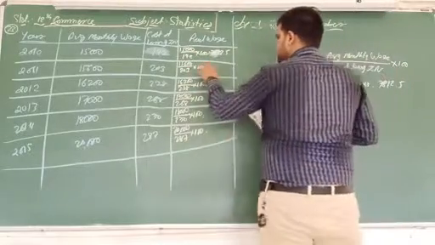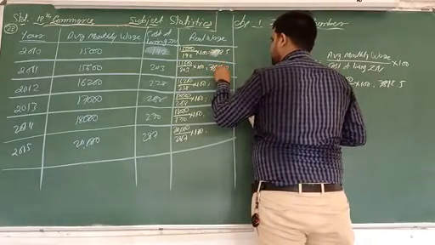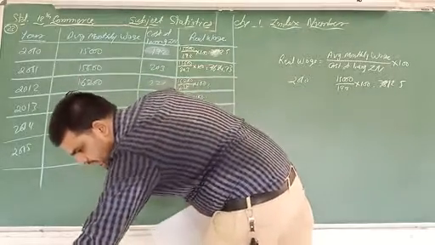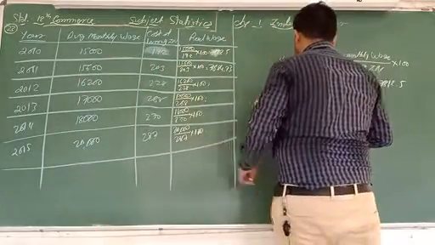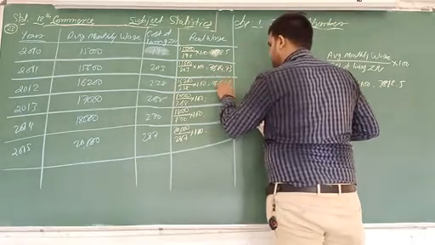Here 7684.73. Okay. Same as for another year. Again we have to find out the third year, 7105.26.